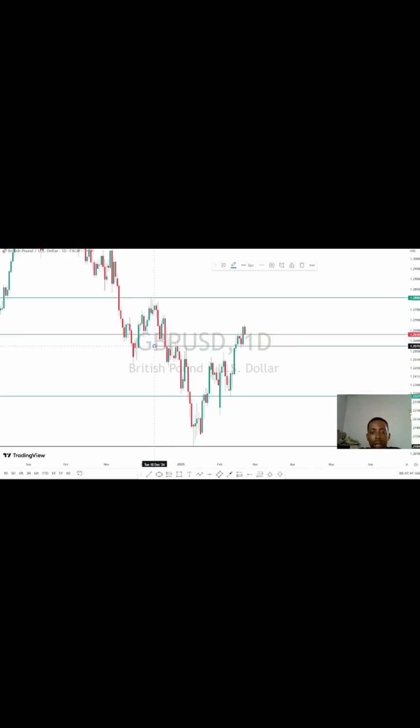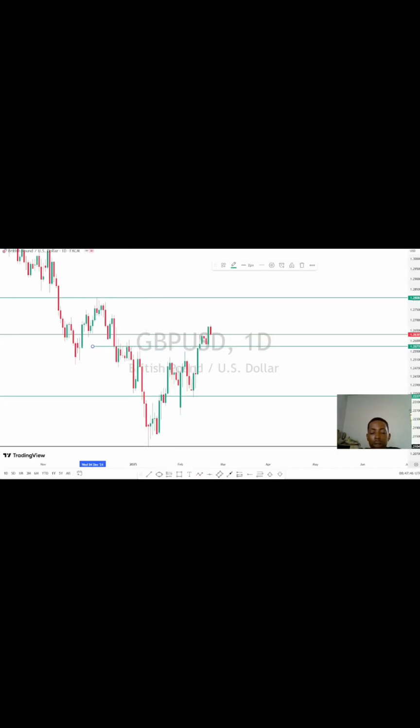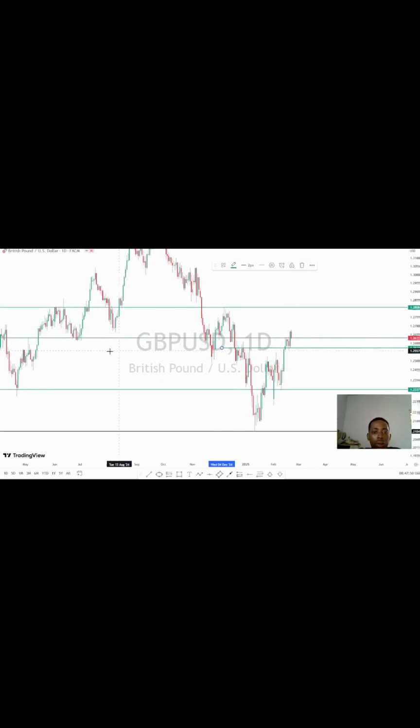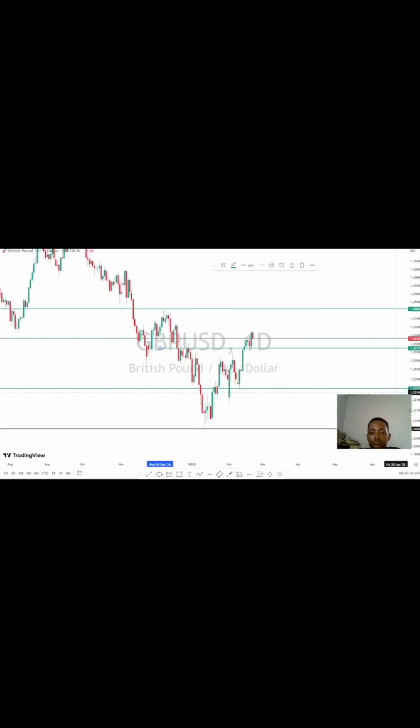I can see a kind of level here, a structure level here. So I'll go ahead and clone this level.